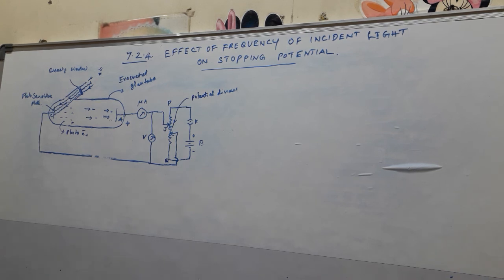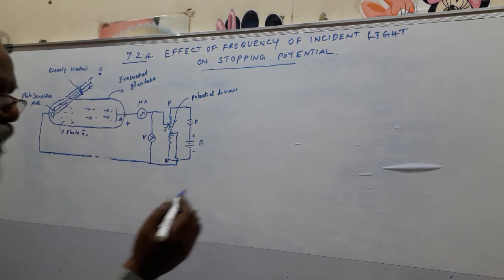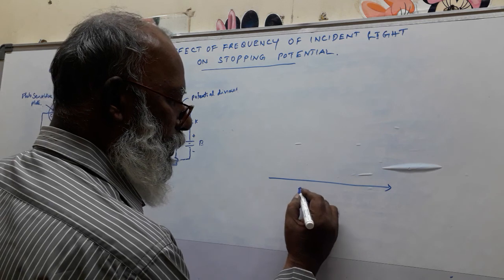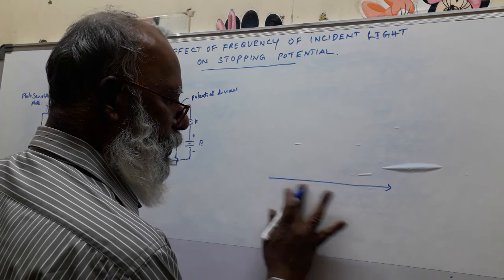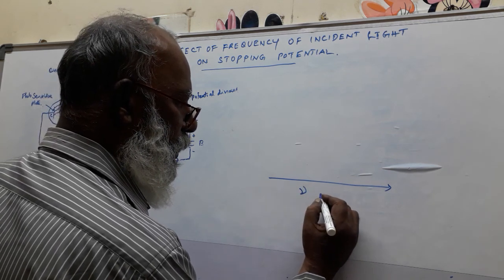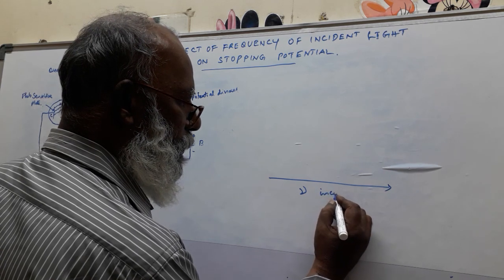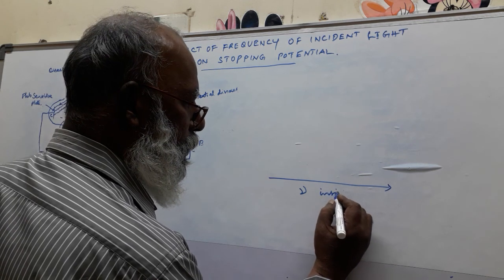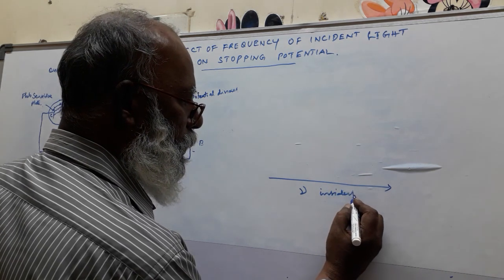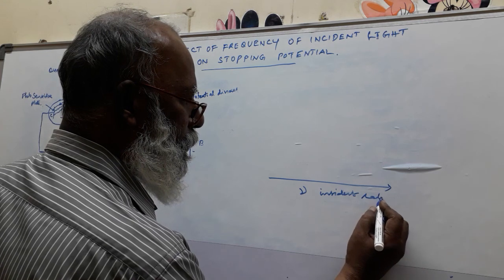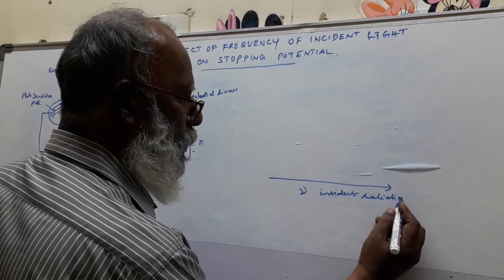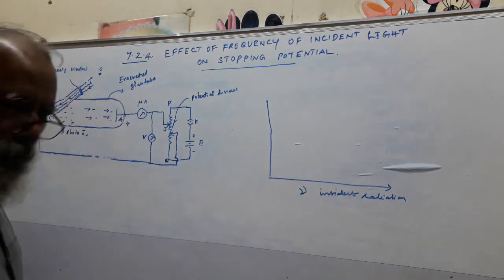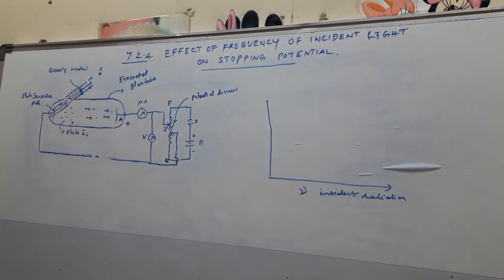the frequency of incident radiation you have to consider on the x-axis, and on the y-axis we have to consider the stopping potential.